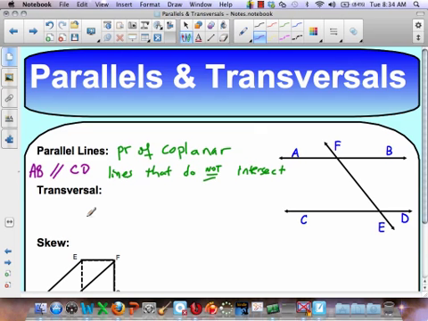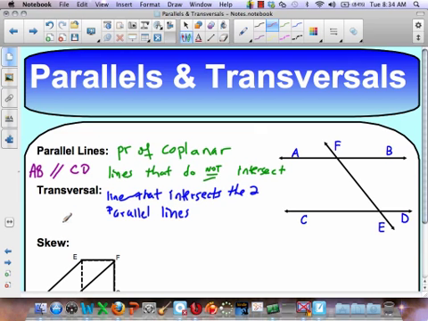So what is my transversal in this diagram? FE would be my transversal. So notice it's intersecting.